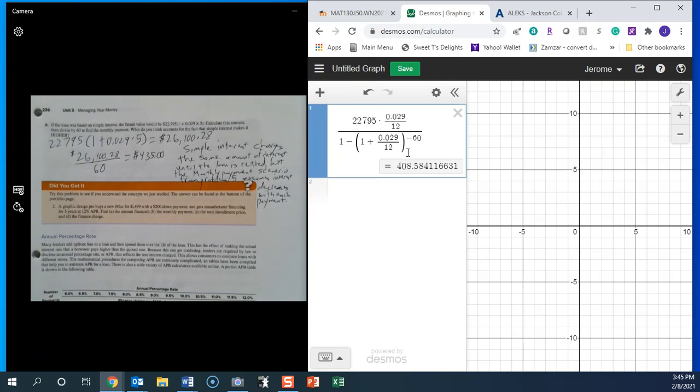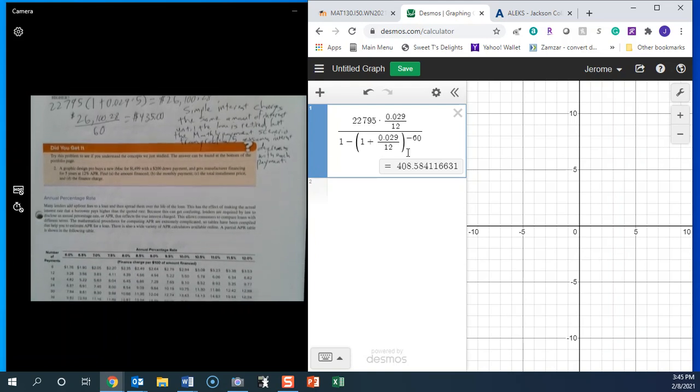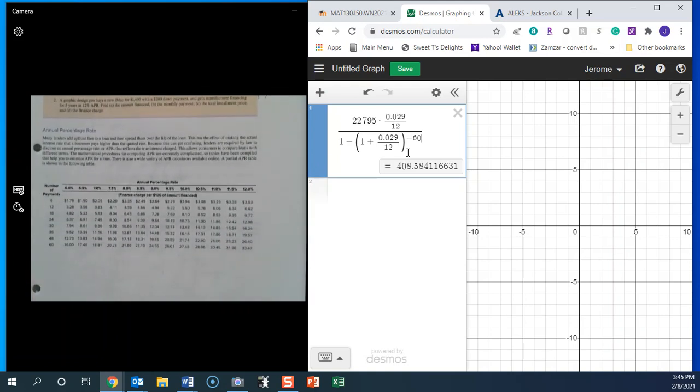All right. Now, we ease on down here to the bottom. So we have annual percentage rate. Many lenders add upfront fees to a loan and then spread them over the life of the loan. This has the effect of making the actual interest rate that a borrower pays higher than the quoted rate. Because this can get confusing, lenders are required by law to disclose an annual percentage rate, or APR, that reflects the true interest charge.